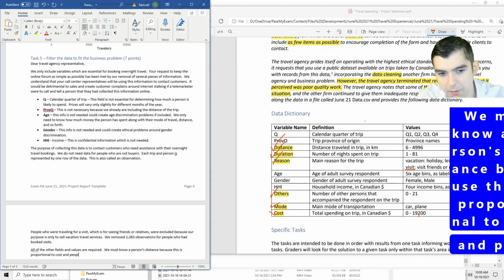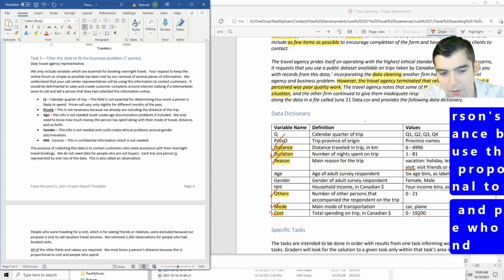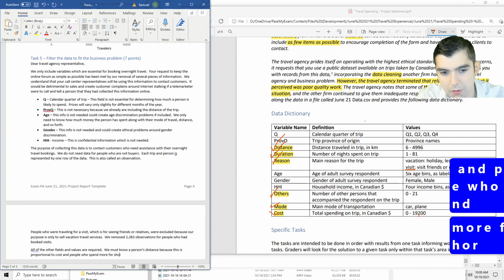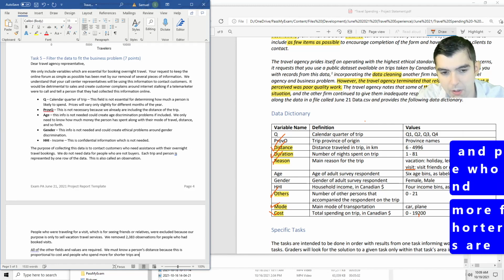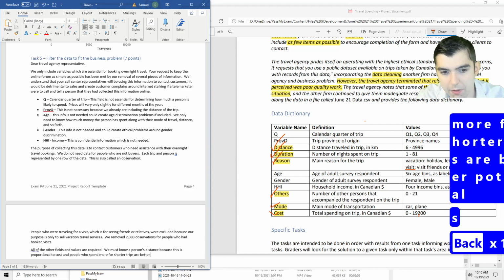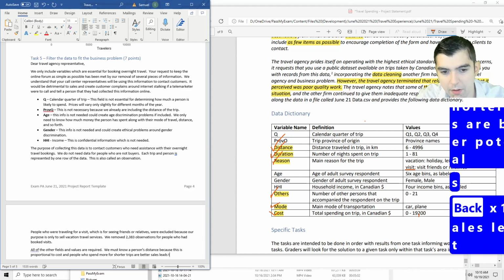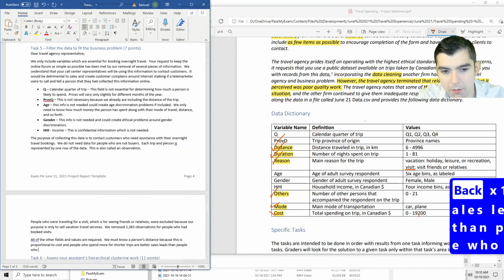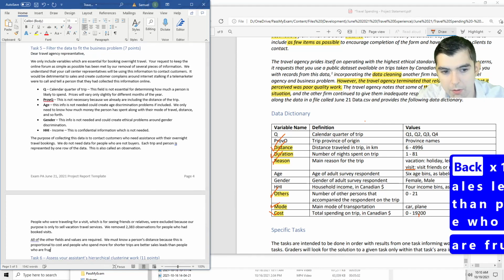And people who spend more for shorter trips are better potential sales leads than people who are frugal.